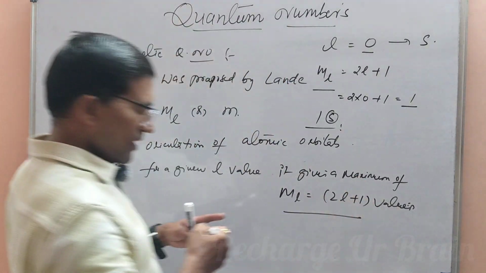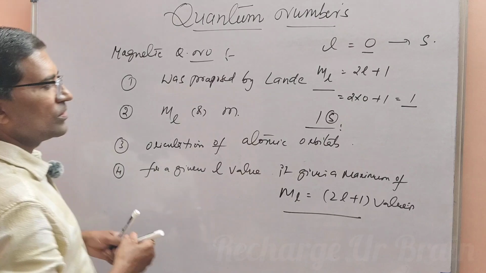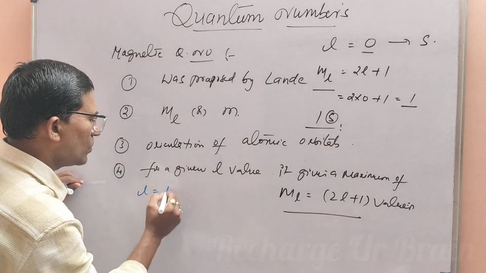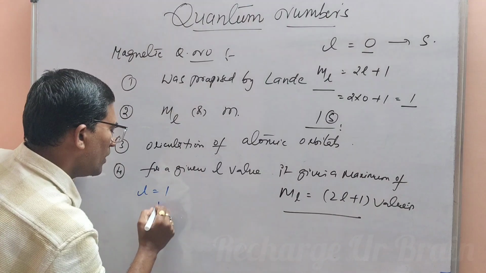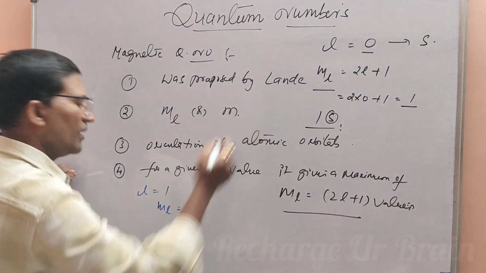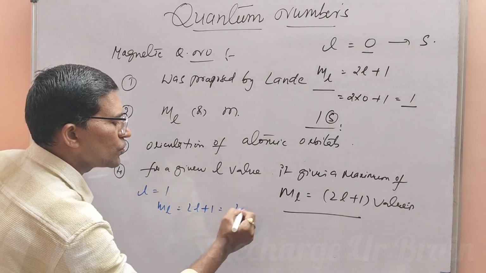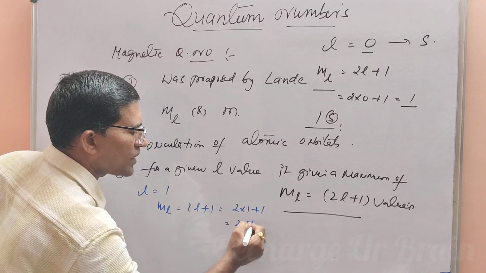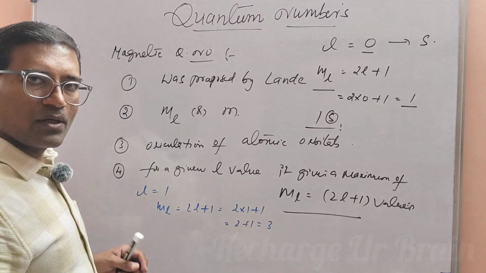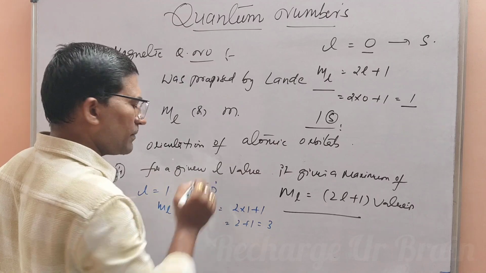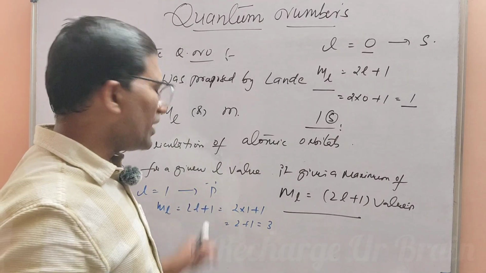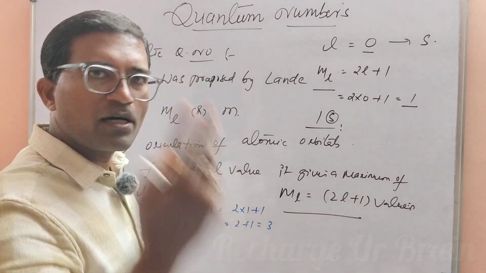Next, if I take the value l = 1 and substitute it in this formula related to the magnetic quantum number, 2l plus 1, how much? 2 into 1 plus 1, 2 plus 1, how much? 3. l = 1 means the type of subshell is p. There are 3 orientations possible for the p orbital.